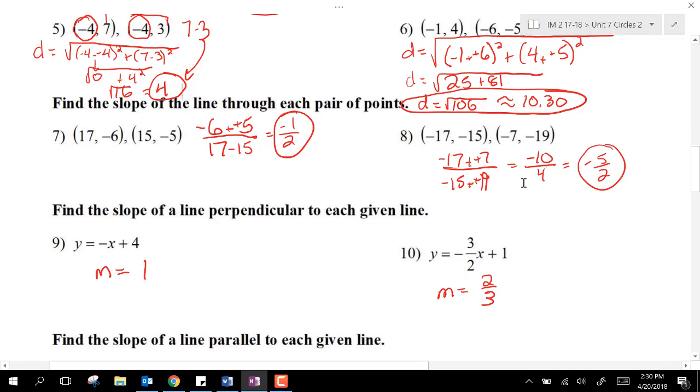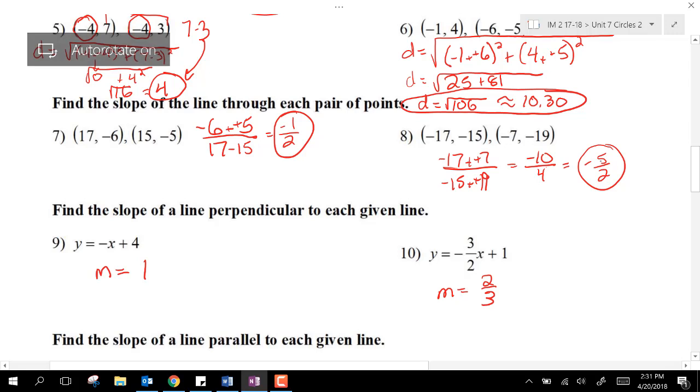Same thing over here, number 8. Negative 17 from here minus negative 7 equals, or then we do negative 15 minus a negative 19. Now, as I look at this, I realize I did it upside down, which is not that big of a deal.